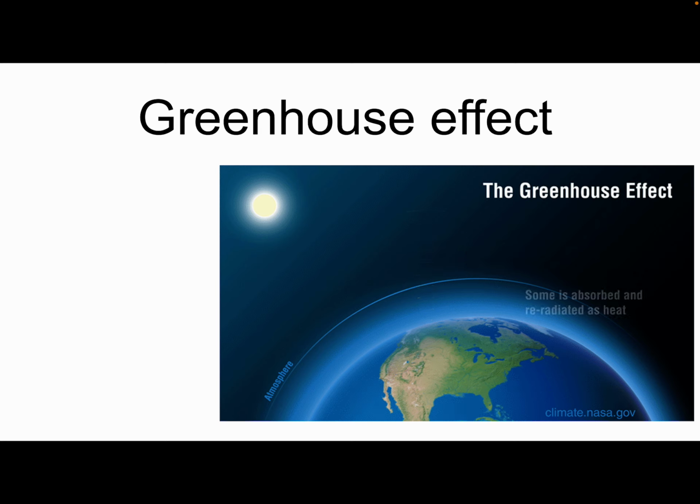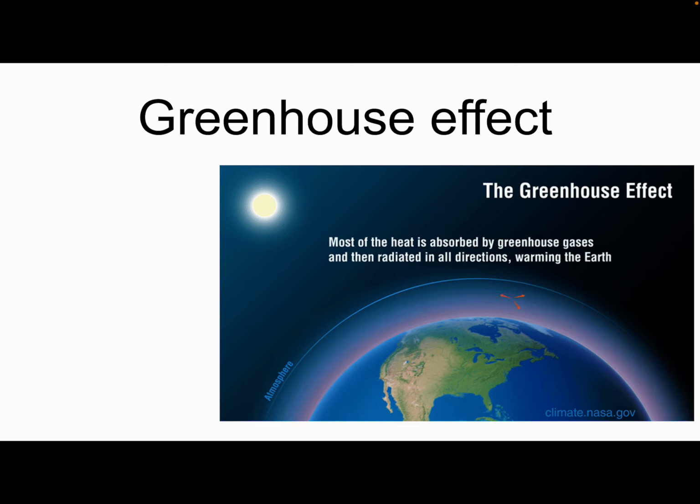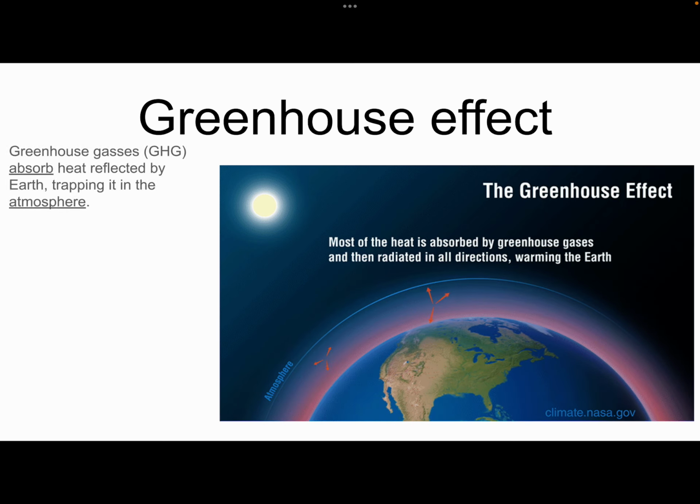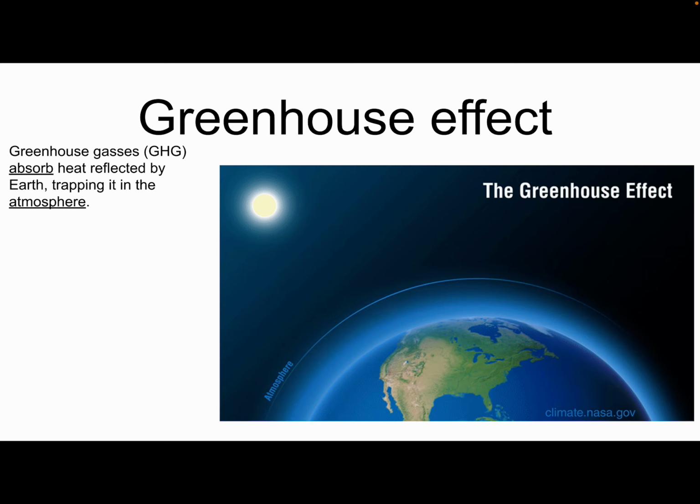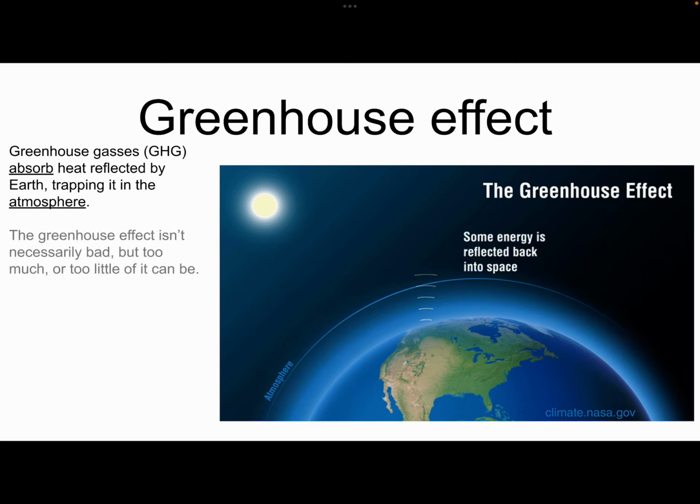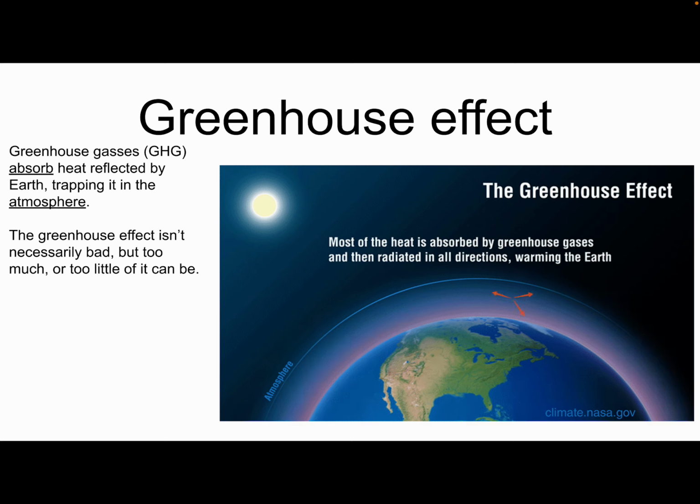So we have these gases that we call greenhouse gases that do the same thing. They allow the heat to come in, but it traps it when it tries to escape. So greenhouse gases absorb heat that's reflected by the earth, and they trap it in the atmosphere. So the greenhouse effect isn't necessarily a bad thing, but too much or too little of it can be.